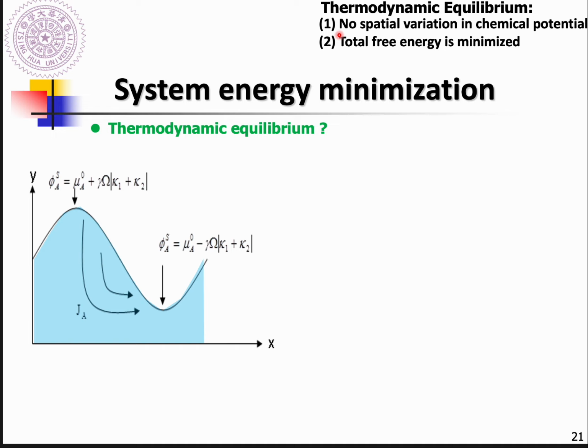If it is equilibrium, the first condition is no spatial variation in chemical potential. So let's take a look at the chemical potential. For atom A, the potential of atom A at the convex region is expressed like this: it equals the chemical potential of atom A on the flat surface plus an extra term.